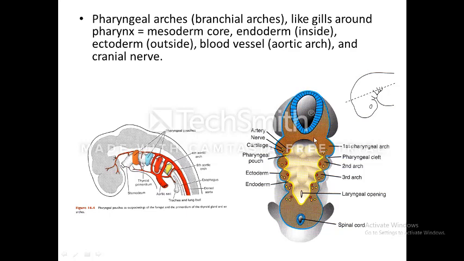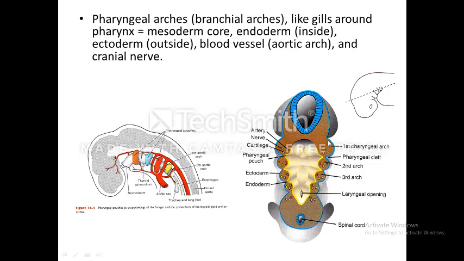The pharyngeal arches, branchial arches like gills, تشبه خياشم السمكة, around the pharynx. كل واحد من هذا يمثل لي pharyngeal arch. هذا يمثل لي first pharyngeal arch، هذا second، هذا third، fourth and sixth pharyngeal arches.